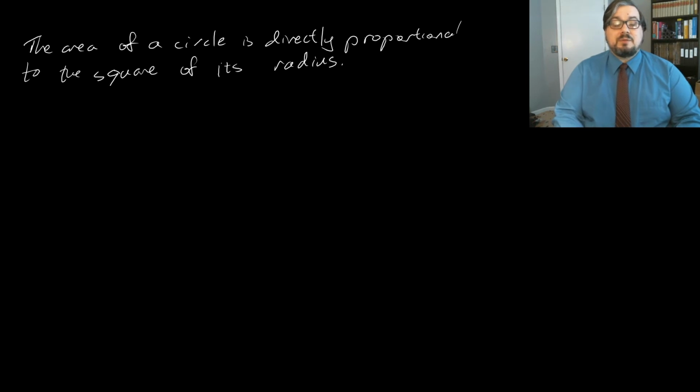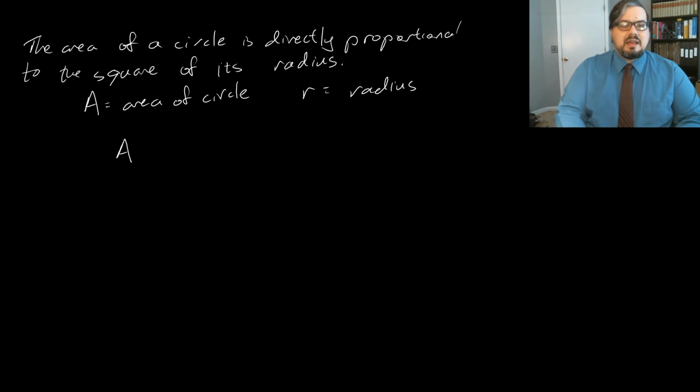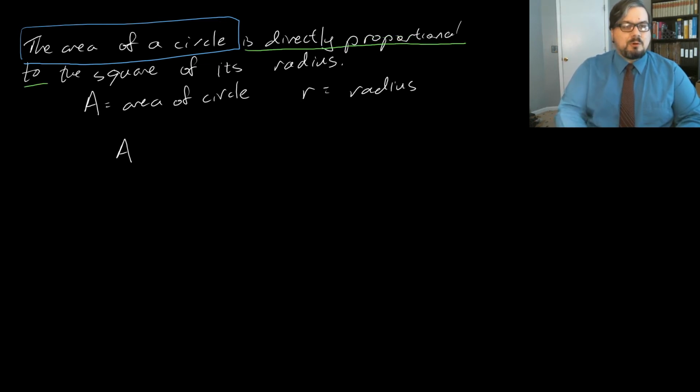So the way that we would write this is the following. If we let A be the area of the circle, and R is the radius of the circle, so now we'll say that the area of a circle, A, is directly proportional to, this whole expression, turns into the equals K times.